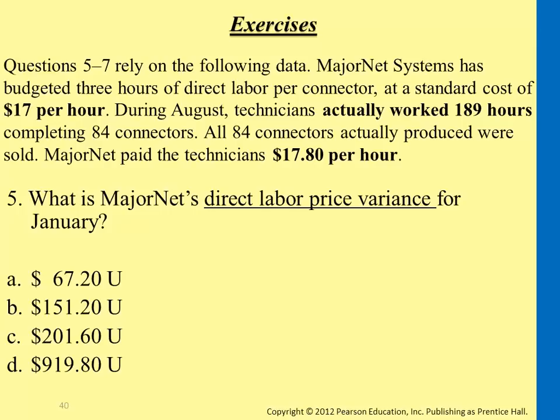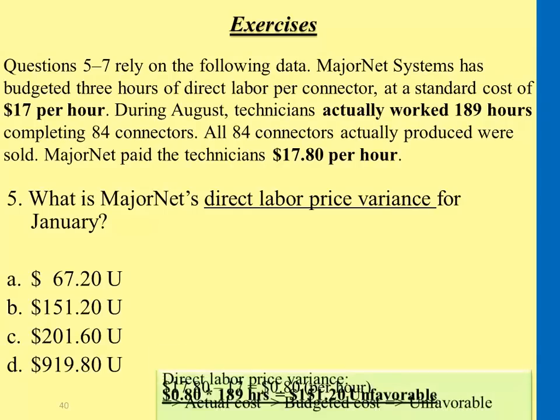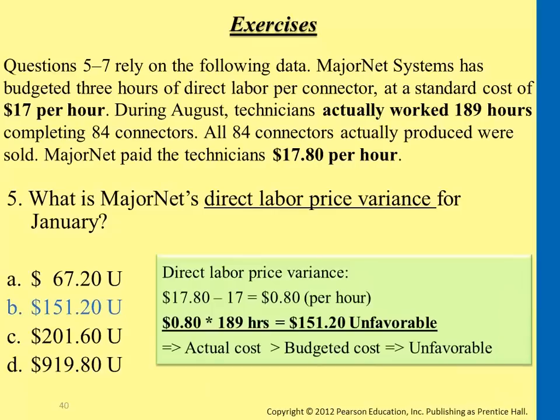Would be, you got that from how? You tell me what's the process here. That should be 80 cents, right? And then multiply by the hours that they worked on the products.